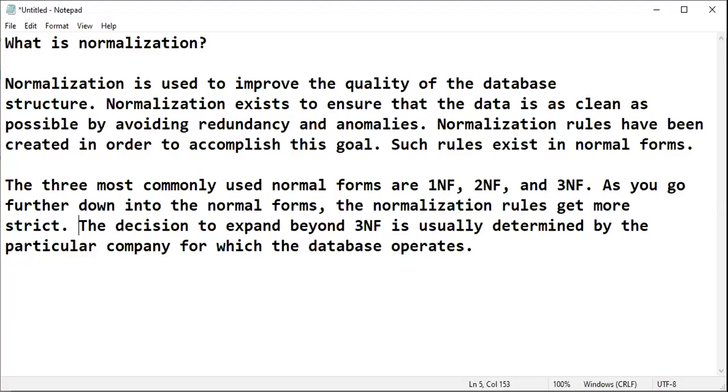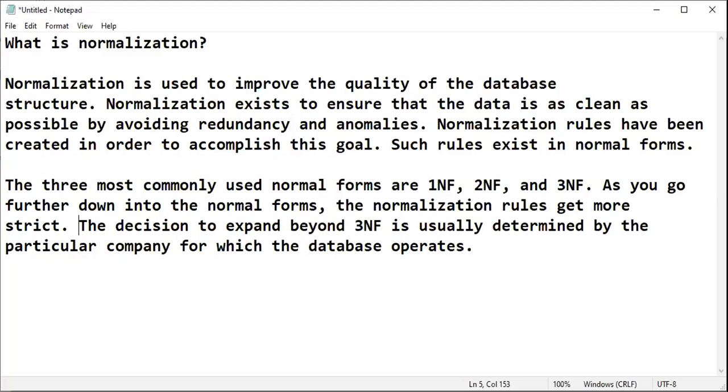And when we talk about these here in just a minute, you'll see how strict they get. The decision to expand beyond the third normal form is usually determined by the particular company for which the database operates. Majority of the time, you will not have to go past third normal form.